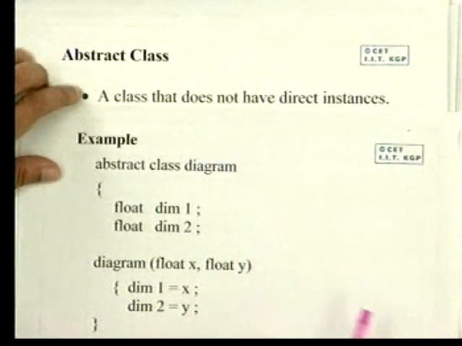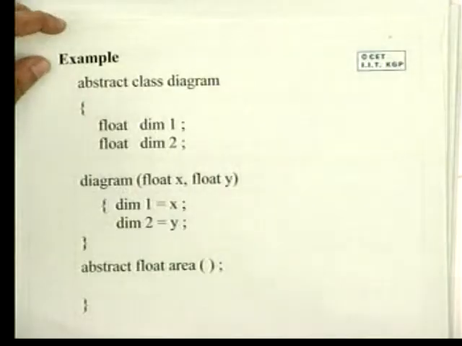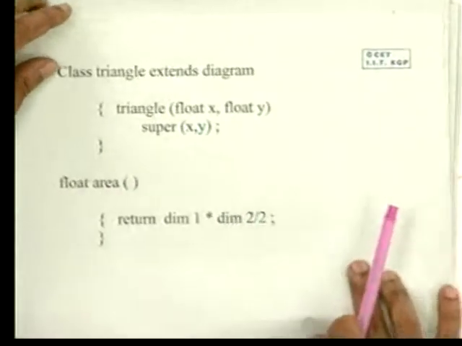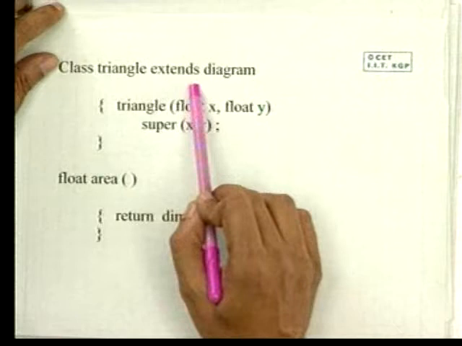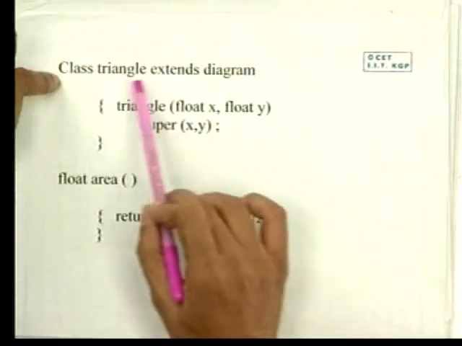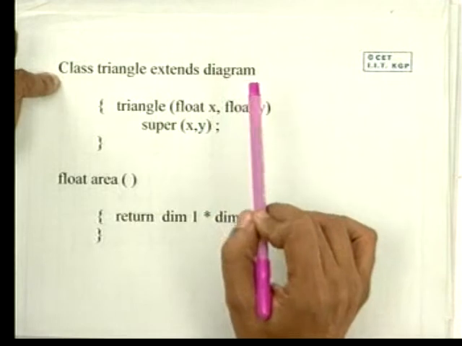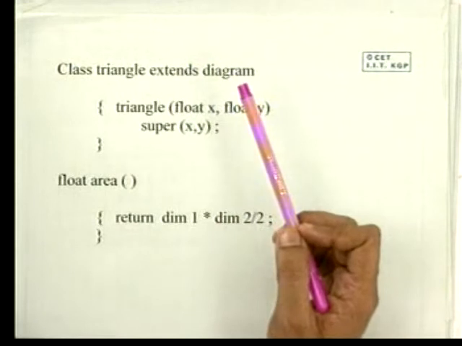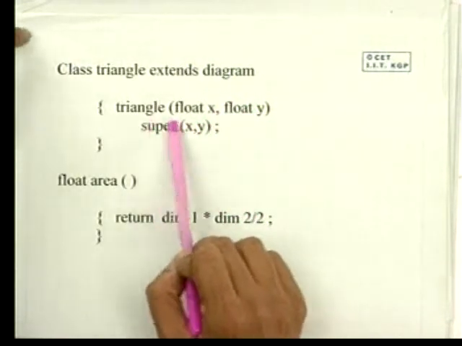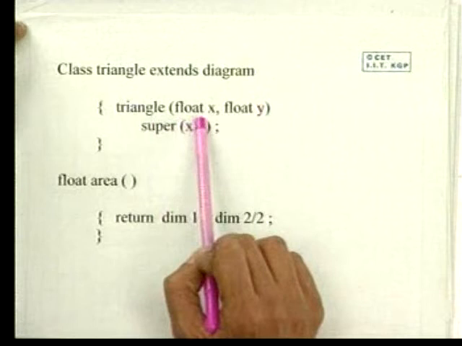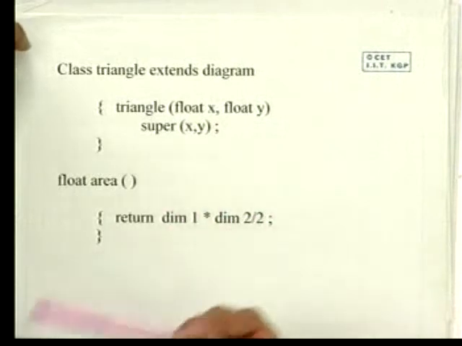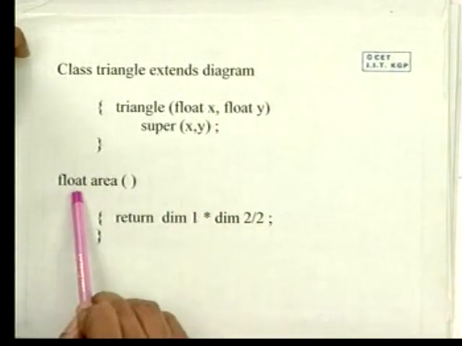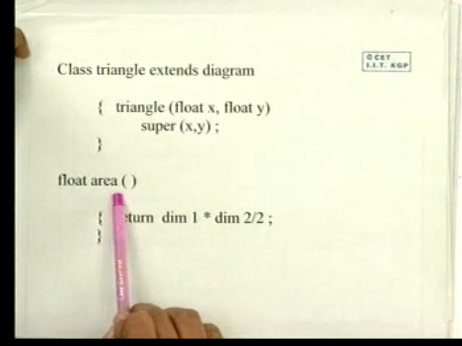However, when we look at a subclass, for instance, we have a class triangle extends diagram. This is a subclass. So, triangle is a subclass of diagram. It will be possible to have instances of the triangle, and then we call triangle float x float y super x y. This is where we are really creating the triangle, and after that we are extending it to allow the area of the triangle to be computed.